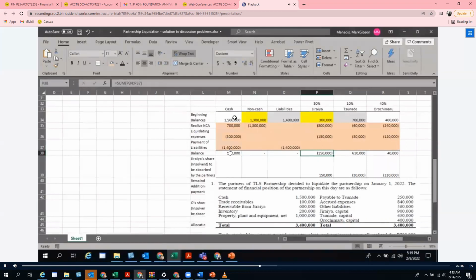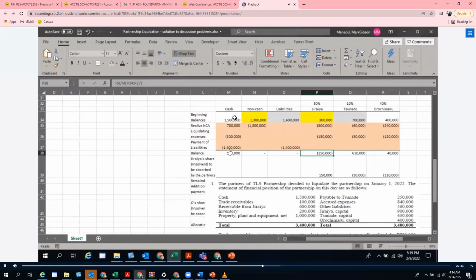But of course, malilito ka dito kung hindi mo alam yung normal side of accounts. But the assumed knowledge is at this stage, alam mo na yung mga normal side of the accounts. So cash on the debit side, liabilities and equities on the credit side. So therefore, this 150,000 na nakalagay dito as negative, this is actually a debit balance in Jairaya account.